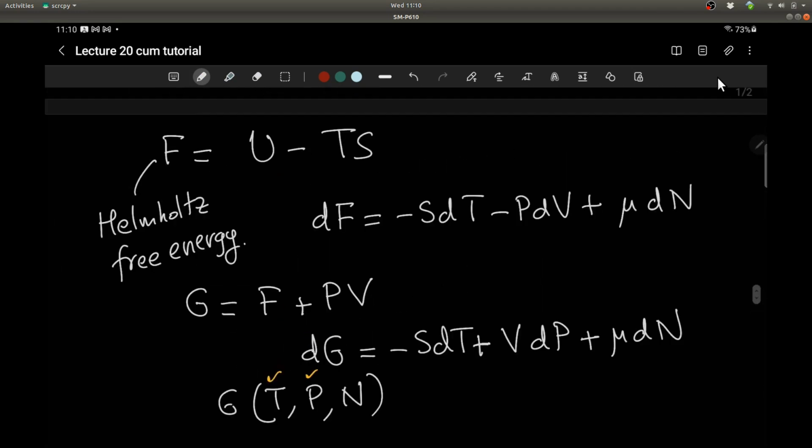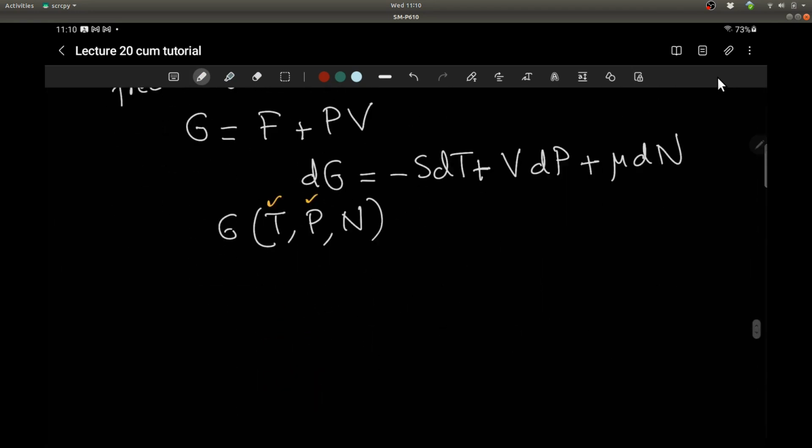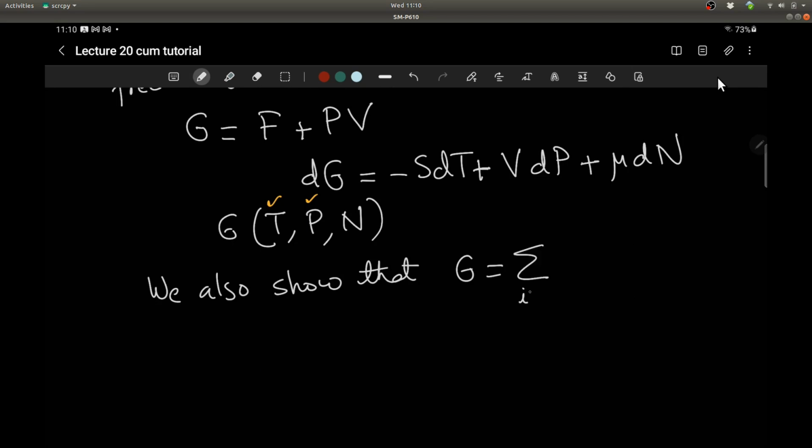Just like how we got F equal to U minus TS, from that you can show many things, but you can also show that G is equal to the summation over i equal to 1 to whatever, in this case 2, of N_i mu_i, where this is the number of components or phases.